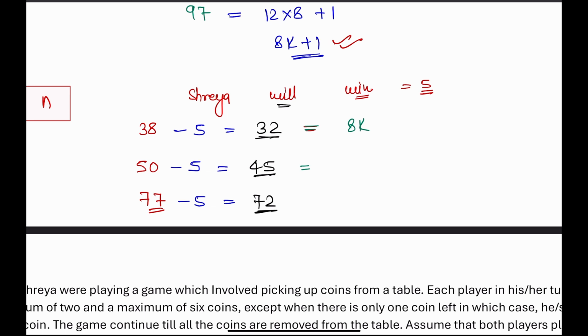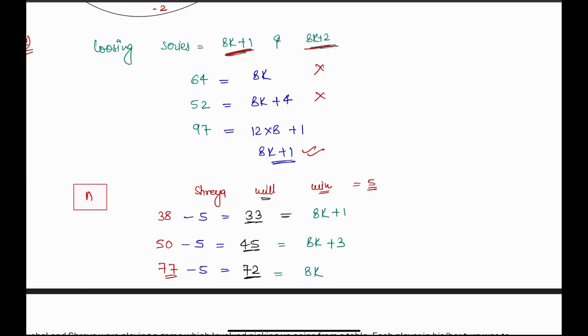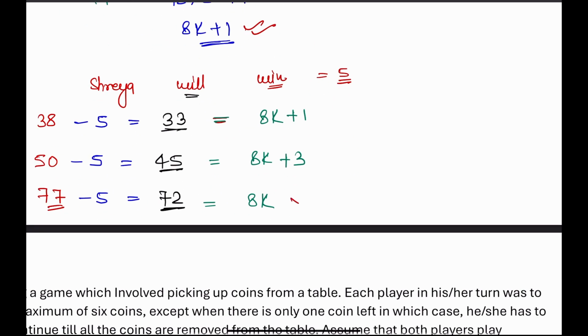Oh sorry, silly mistake, 38 minus 5 is 33. So 8k plus 3. The losing series, we have already written, should be of the form 8k plus 1 or 8k plus 2. Not possible, not possible.